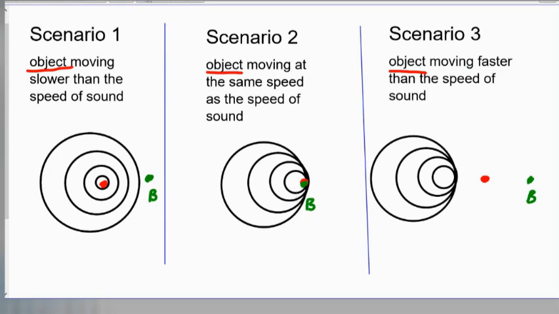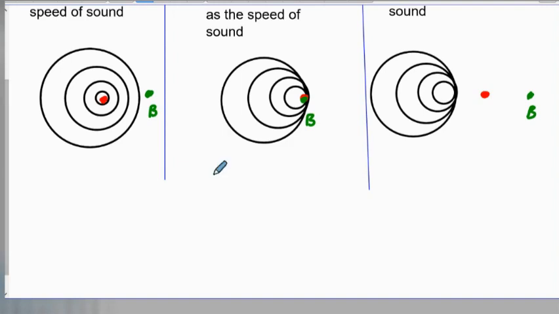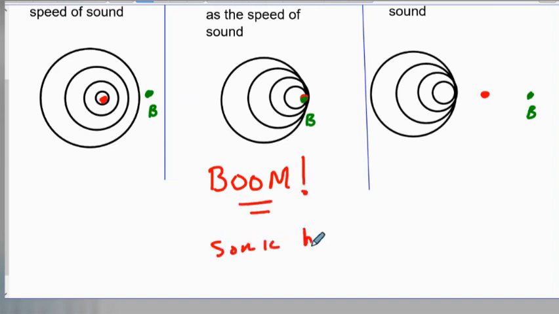When it was a water wave, what we saw was they got splashed. But in sound waves, you're going to hear a big boom. And this is called a sonic boom. And it's going to happen at the exact moment that the airplane is at the same place as the person.